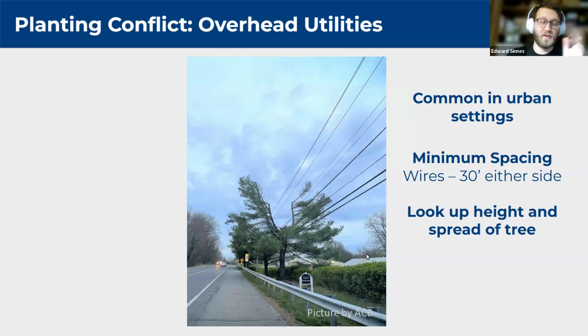So you can see they're not trees, but these bushes here, that's not competing, right? That's fine to plant those bushes down along those power lines because their height and spread aren't going to impact the road or the power line. But this tree obviously was, and it's one, very unattractive, I would say. And two, it's just a horrible situation for that tree. That tree is not going to survive well.